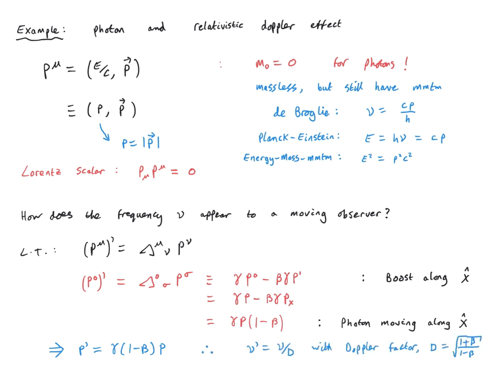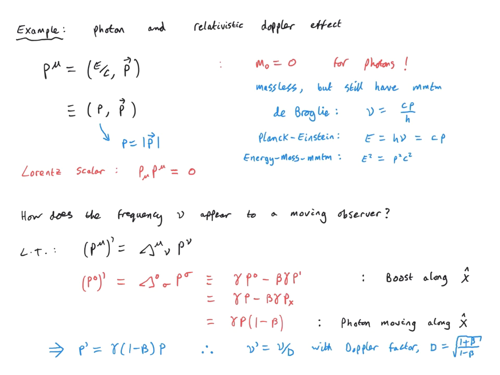We can now convert this into frequencies by using the de Broglie relation up here, in which case we obtain that the frequency in the primed reference frame to the moving observer, nu primed, is equal to the frequency in the unprimed reference frame, nu, divided by this factor D, which is called the Doppler factor.